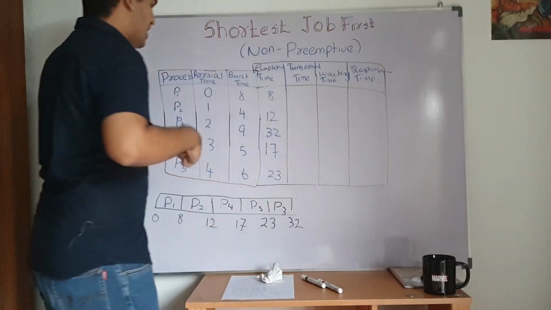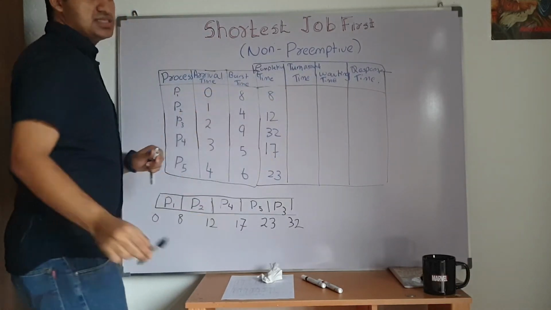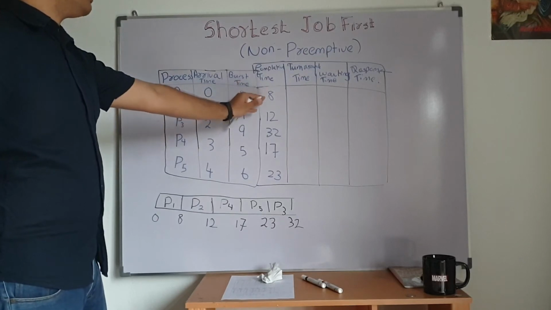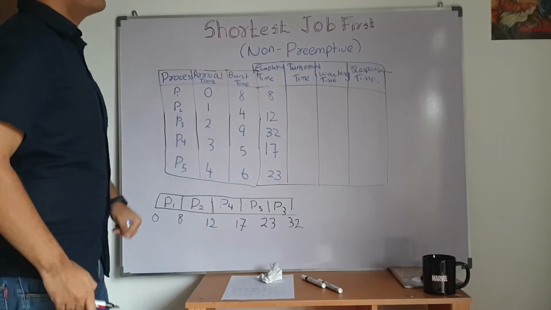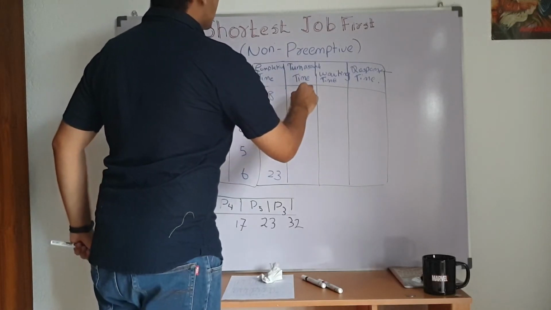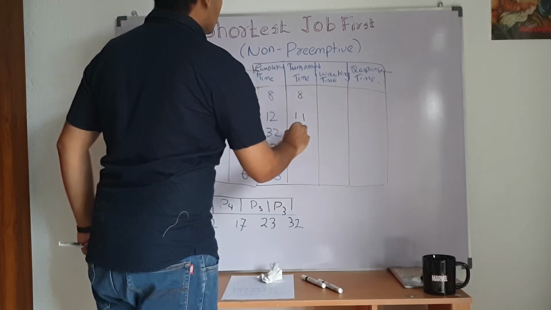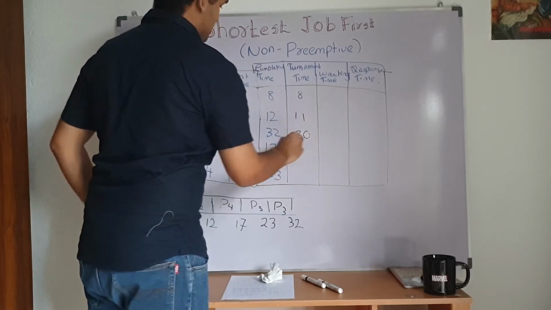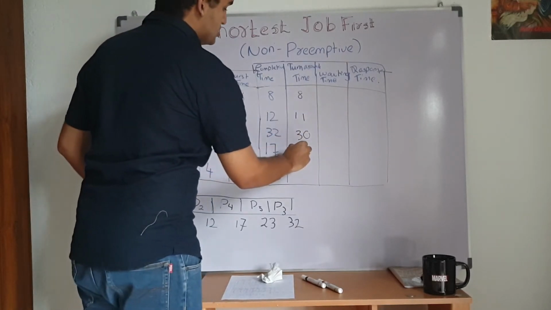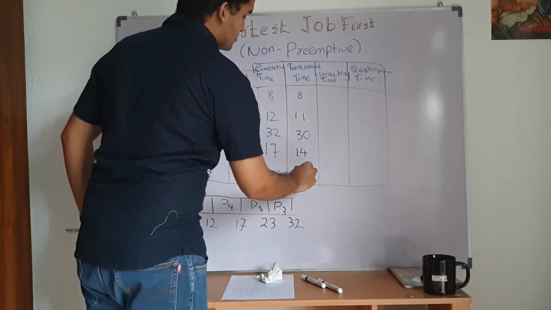Now we are going to mark the rest. Turnaround time is found by subtracting arrival time from completion time. So 8 minus 0 is 8, 12 minus 1 is 11, 32 minus 2 is 30, 17 minus 3 is 14, 23 minus 4 is 19.